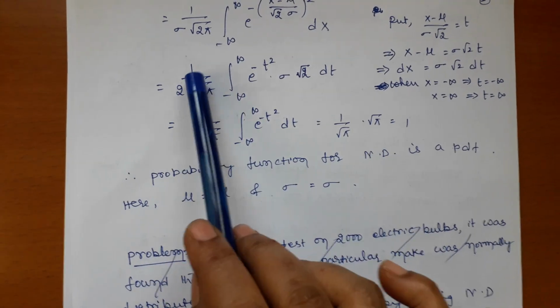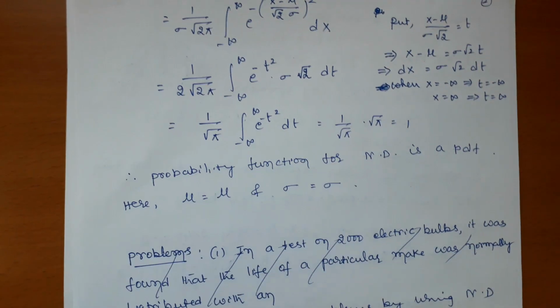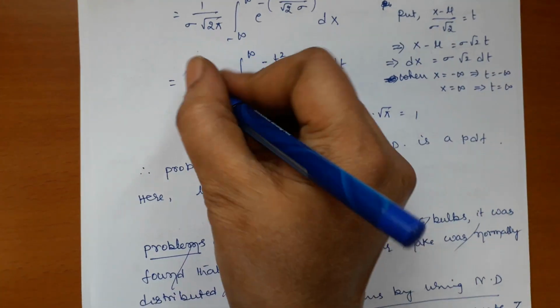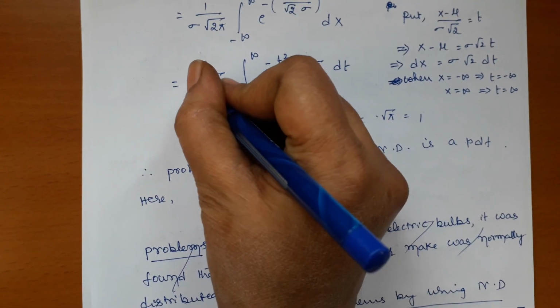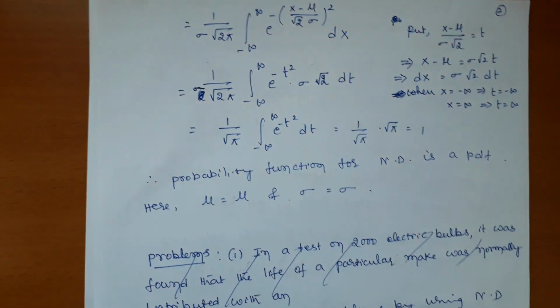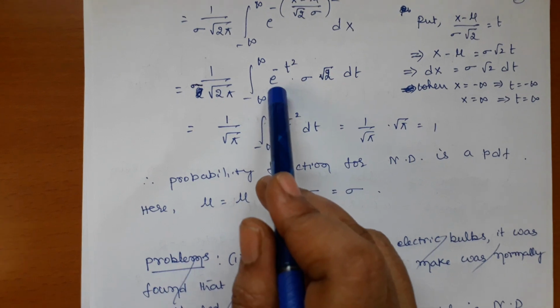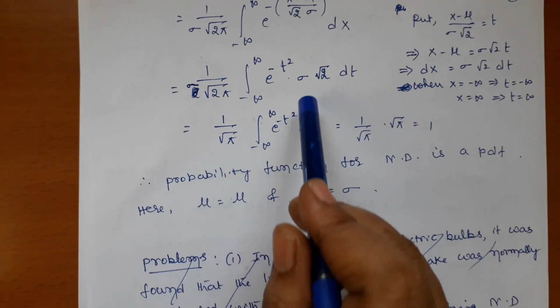Now we have to substitute this here. Actually this is not 2, this is sigma. So we get 1 by sigma root of 2 pi, minus infinity to plus infinity, e power of minus t square.